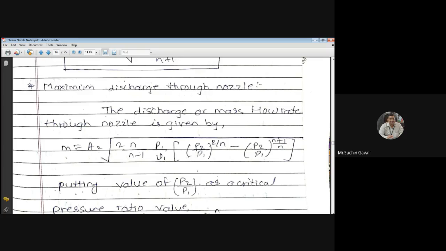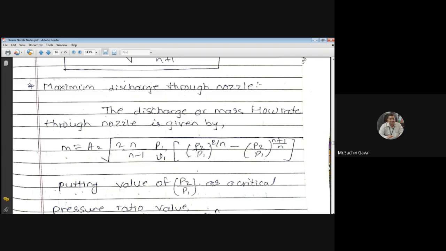Write down. m is equal to A2 into square root of 2 into n upon n minus 1, P1 upon V1, into square bracket, P2 upon P1 raised to 2 upon n minus P2 upon P1 raised to n plus 1 divided by n.